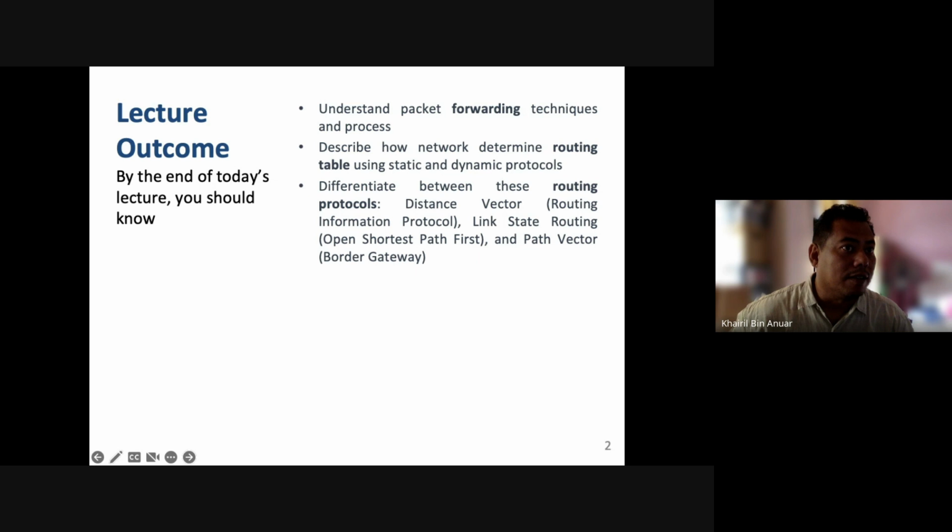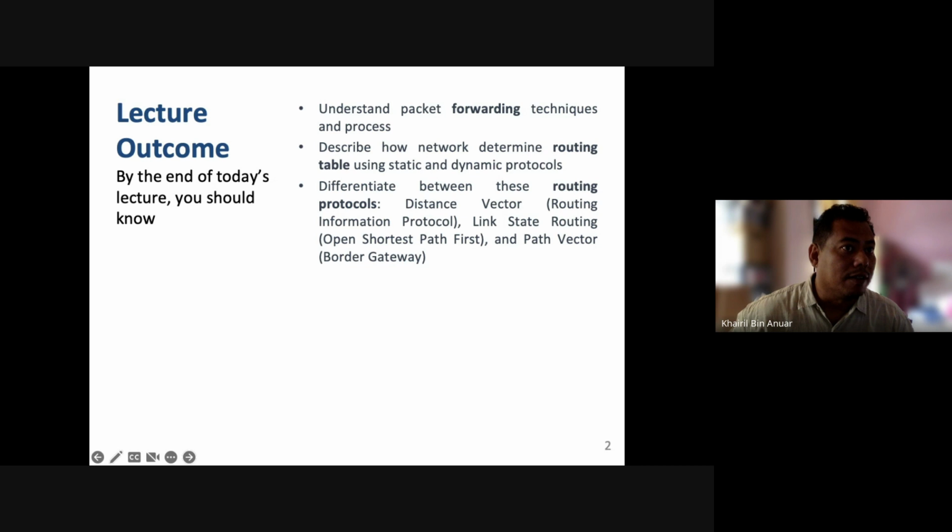If you want to get to another network that is not physically connected, all the physically connected ones we identify with respect to the switch or the router itself. Other than that, we need to do some setting: either default routing, static routing, or perhaps automatic routing.